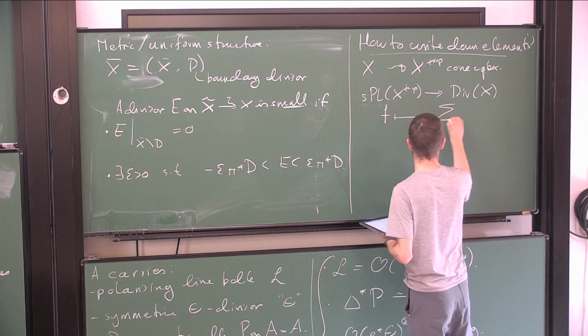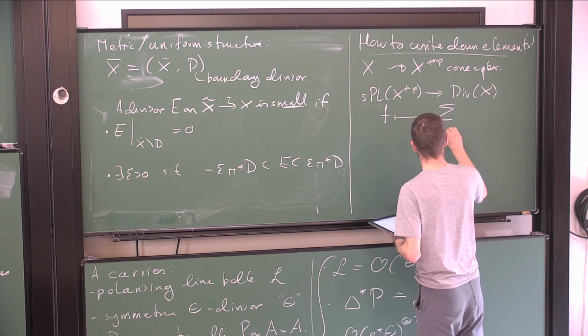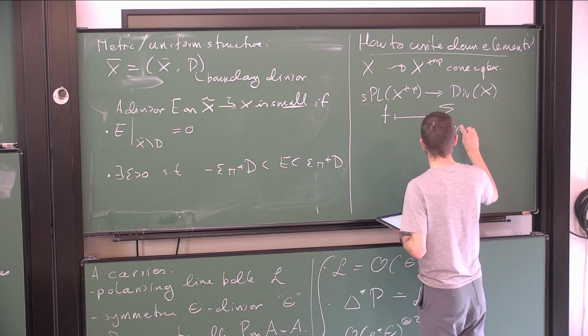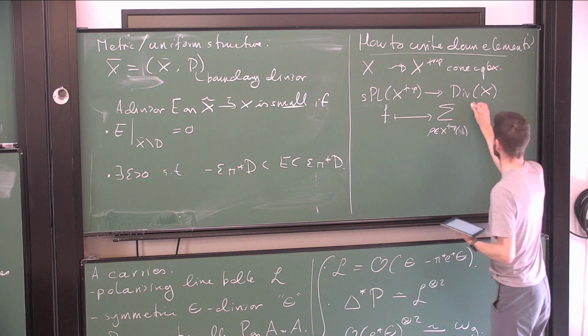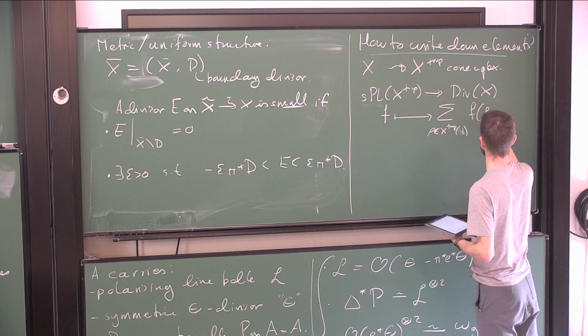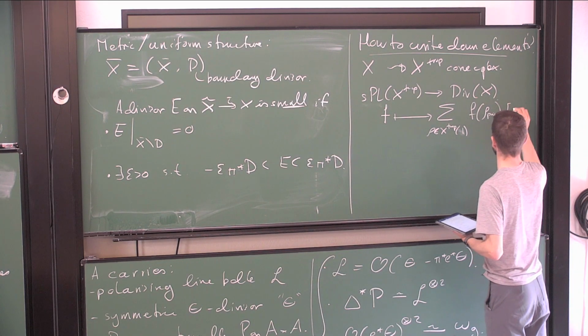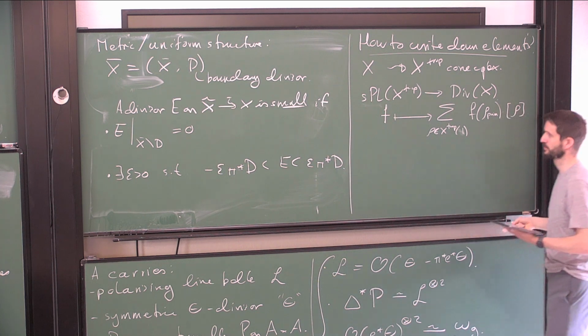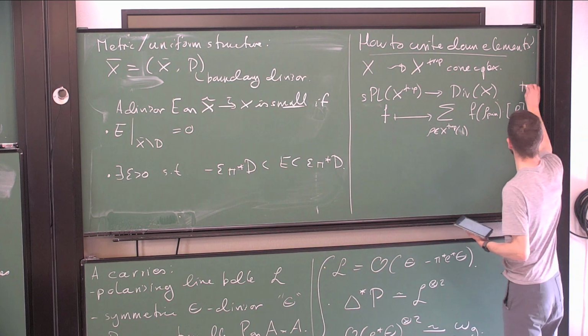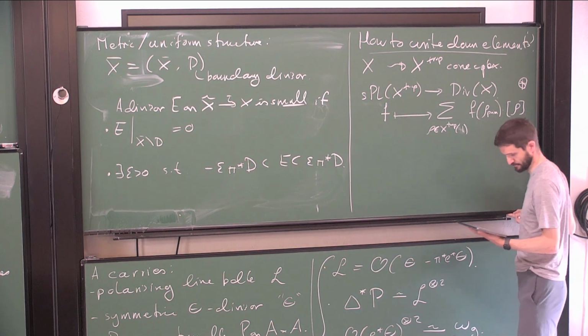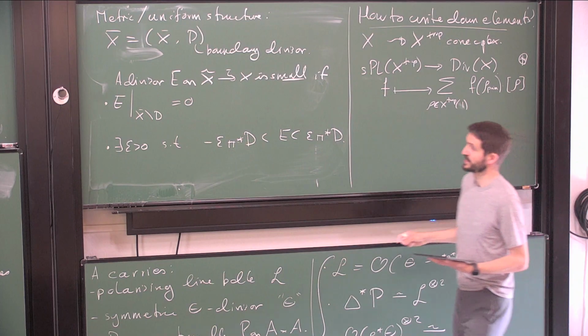So formally I can write this as the sum over rho a ray in X trop, F of the primitive generator, times the class of the divisor corresponding to rho. This is a perfectly well-defined map that you can write down. This will get a little star next to it. Well, that's a way to write down some elements of Div X.